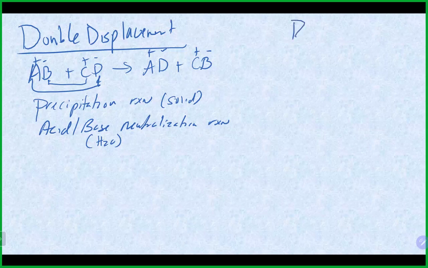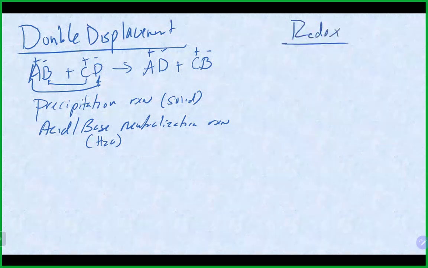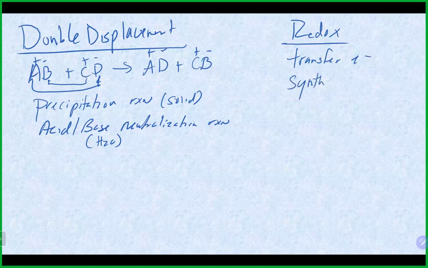Now our redox category, which is all about transferring of electrons. Under there we have our synthesis reaction, which is two things make one. We have our decomposition reaction, which is one thing makes two things or more.